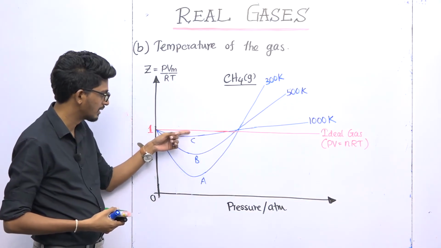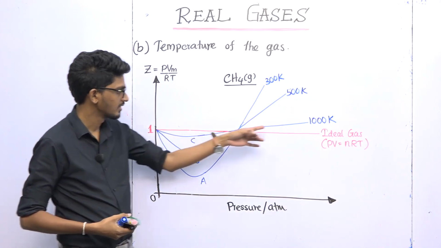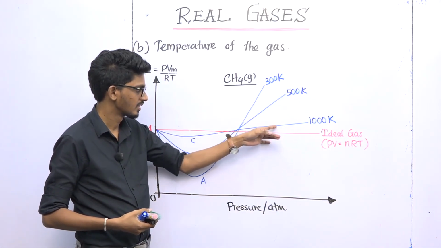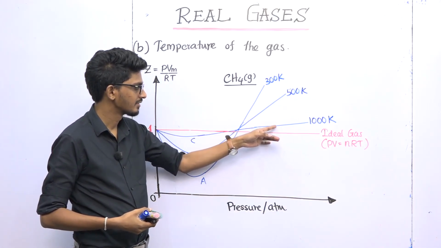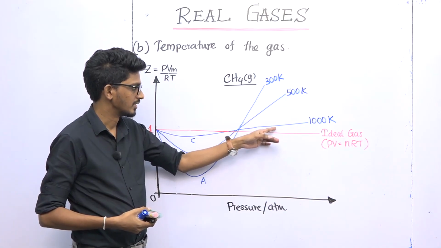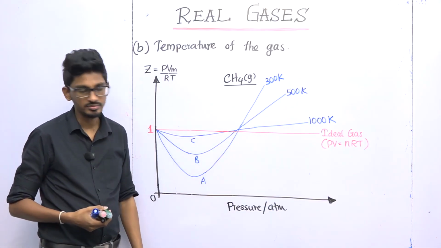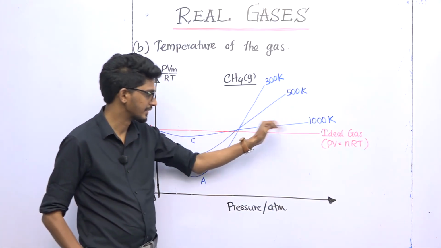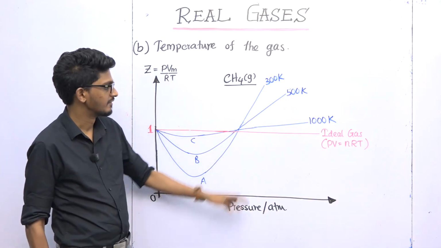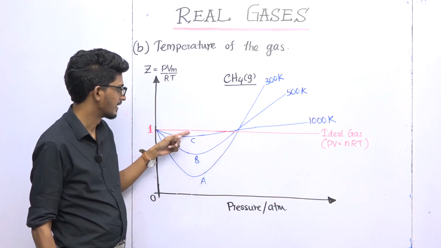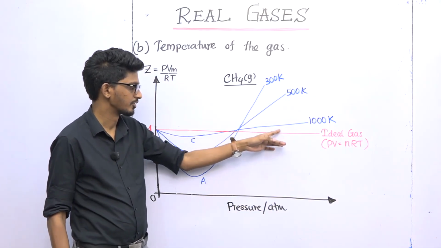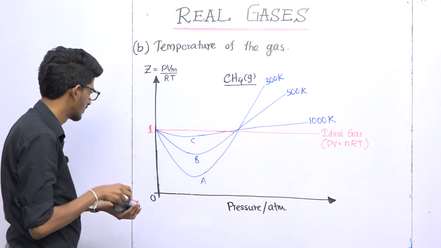The attractive forces are minimum as well as the repulsive forces are minimum. The curve representing the greatest temperature should be the curve which is closest to the ideal line. Less attractive forces, less repulsive forces, right? So that is that, no?